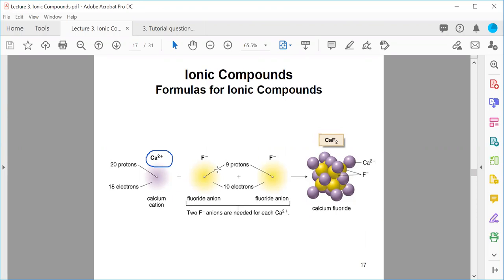You can't see that very well here, but it certainly explains why this is the formula for calcium fluoride: 1 calcium, 2 fluorides, to gain that 0 overall charge on the compound. Does that make more sense?